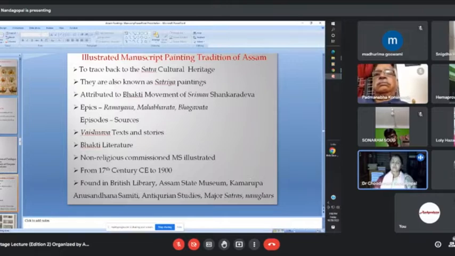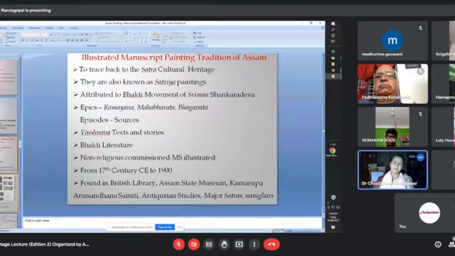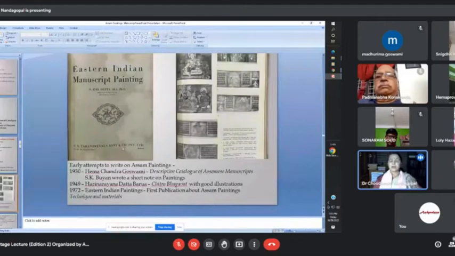They are found in the British Library, Assam State Museum, Kamarupa Anusandhana Samiti, Antiquarian Studies, and major satras of Assam, still to explore. Not many are explored till today. And the Namghars, you find there. So let's trace out how the study on manuscript painting started.